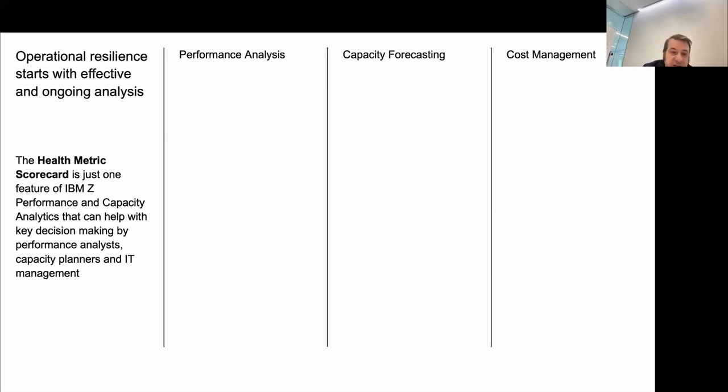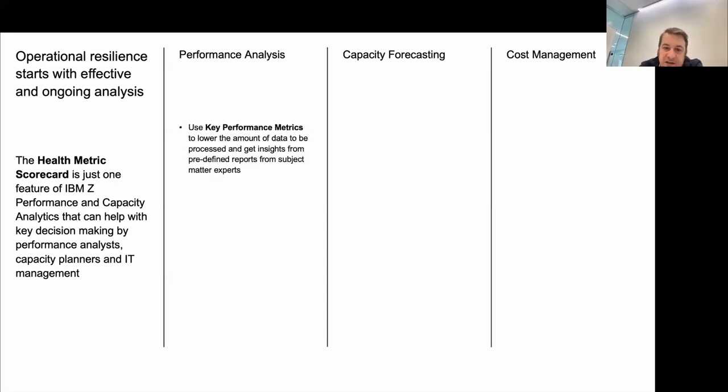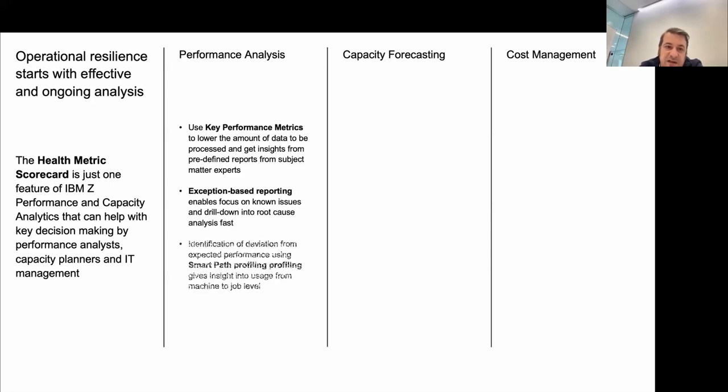So in final summary, I spoke a lot about the health metric scorecard, but it's really just one of the features that we have within IZPCA to help performance analysts, planners, and IT management. We have lots of capabilities within the different verticals that we support.